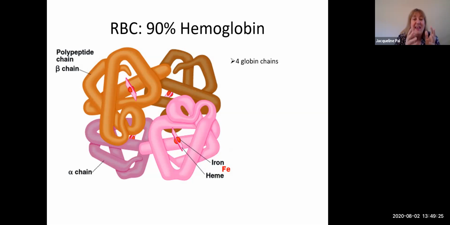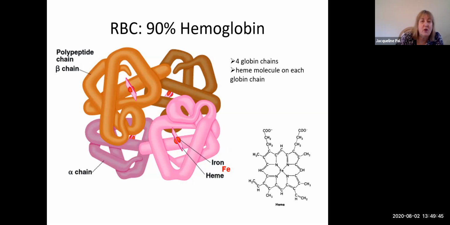In fact, hemoglobin has 4 globin chains. As you can see, looking at this picture, there are 2 that are in shades of purple and 2 that are in shades of brown. And the reason for that is because there's 2 different types of globin chains in all of our hemoglobin. And attached to each of those globin chains is this thing that kind of looks like a UFO attached to it.